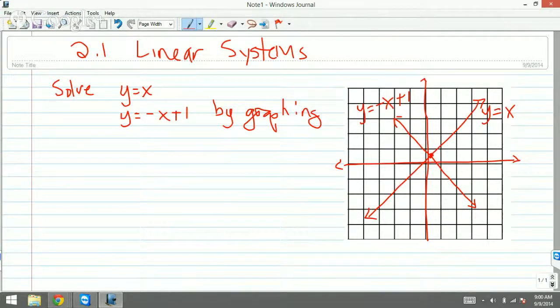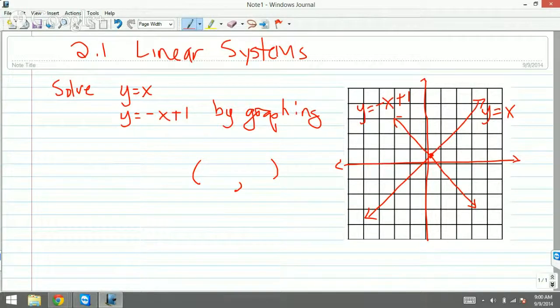Christian. Come on. What is the solution to that system of equations? There's a hint. 0, 0? Does that look like it sits on the lines?